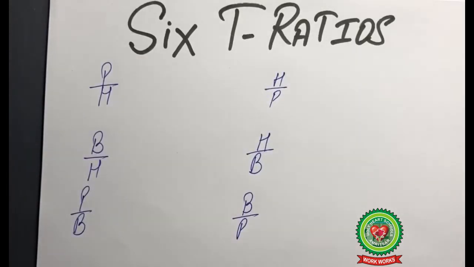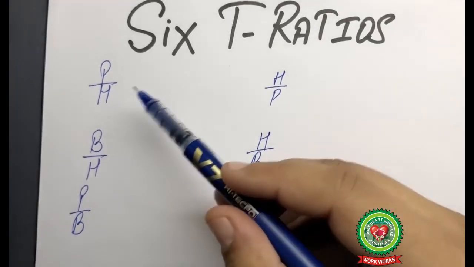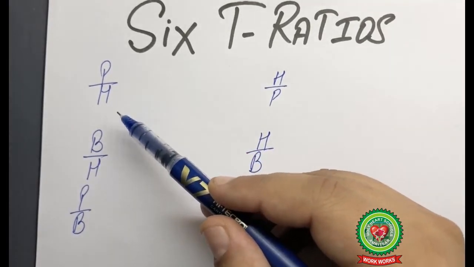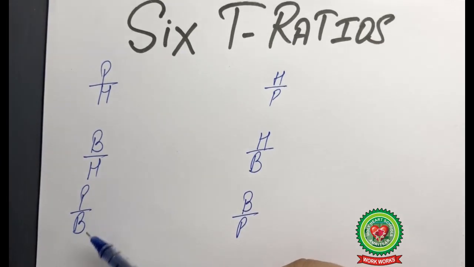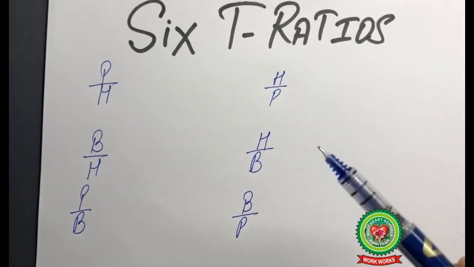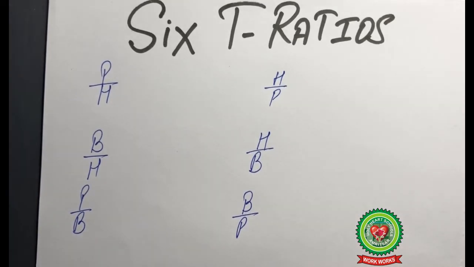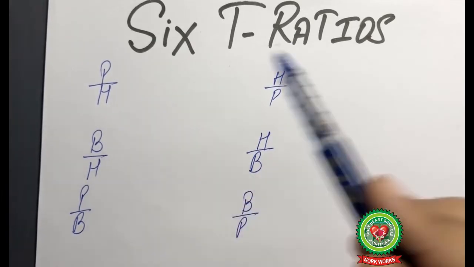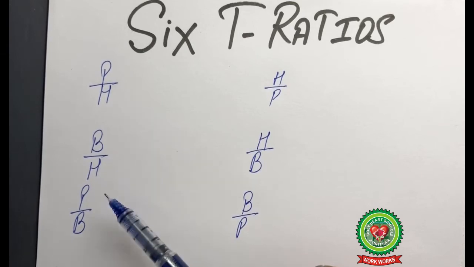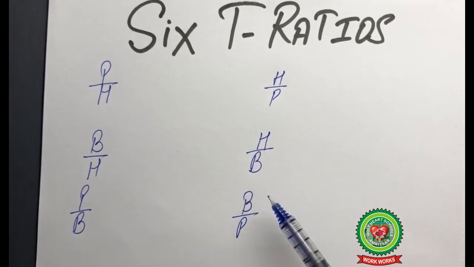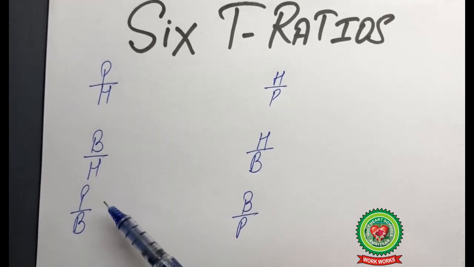And these are those 6 ratios. The first one is P upon H. Number 2, B upon H. Number 3, P upon B. And the other 3 are the reciprocals of these ones only. The reciprocal of P upon H is H upon P. The reciprocal of B upon H is H upon B. And the reciprocal of P upon B is B upon P.